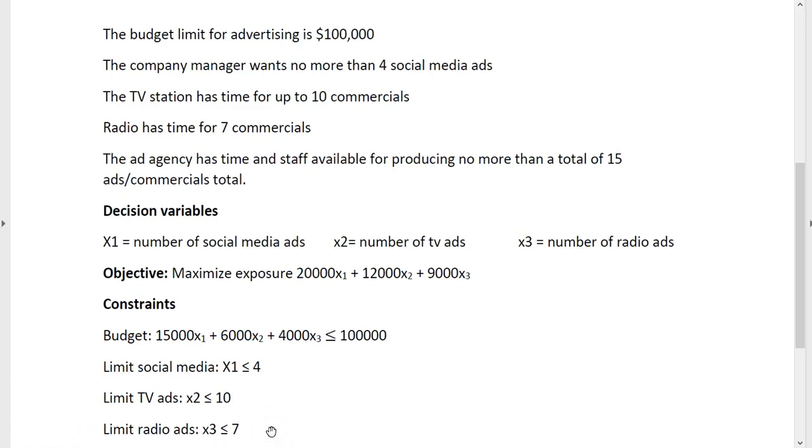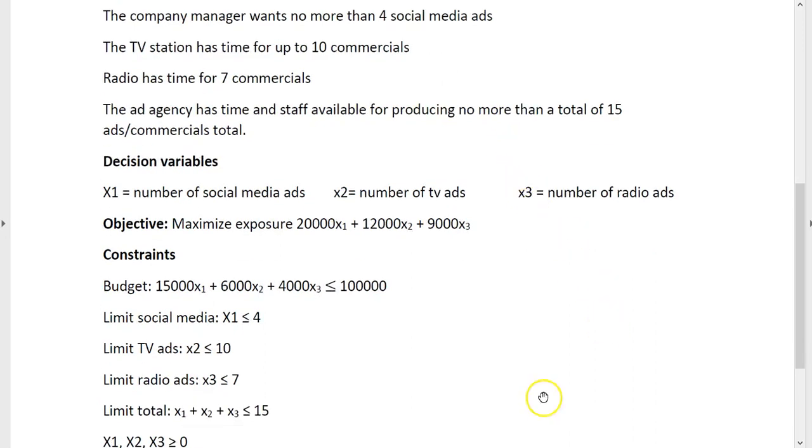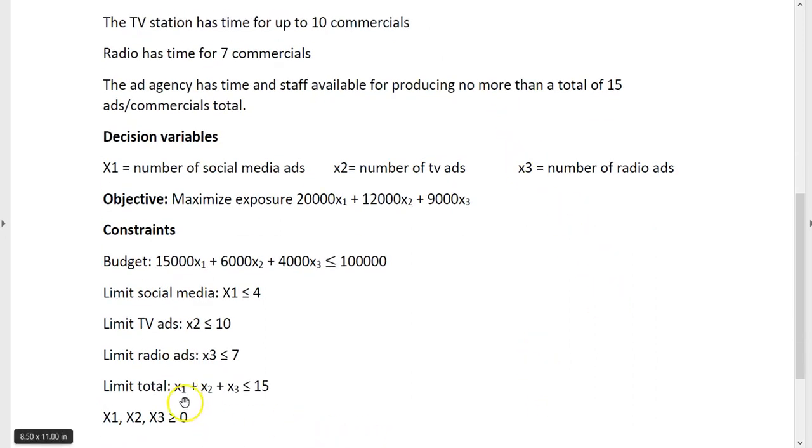X3 is less than or equal to 7. The ad agency has time for no more than 15 total. So our last constraint is X1 plus X2 plus X3, which means the total number of ads has to be less than or equal to 15, because each of those represents the number of each one. Of course, our decision variables need to be greater than or equal to 0.